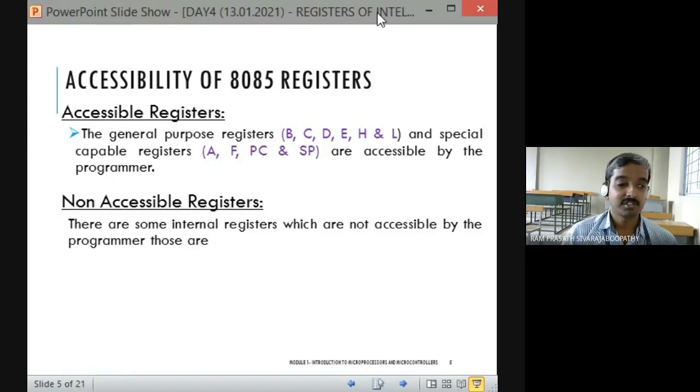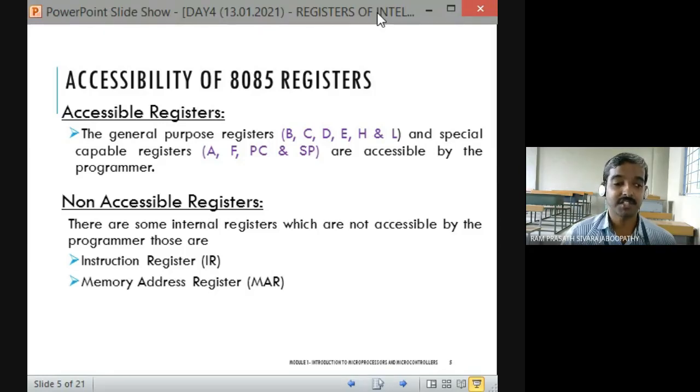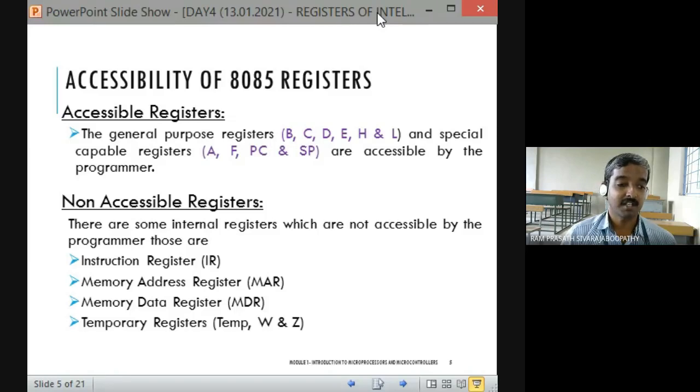Those registers are the instruction register, memory address register, memory data register, temporary register, and temp registers W and Z. Kindly make a note of these registers. The user or programmer cannot store data in these registers or read the data present in them. These registers are used for internal operation by the CPU. The CPU makes use of these registers for internal operations.